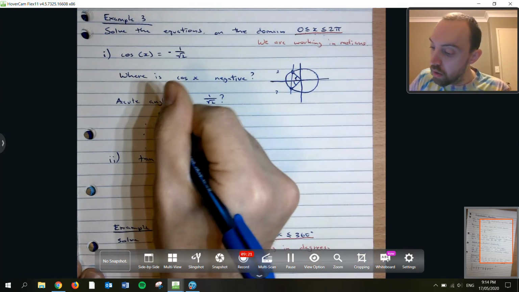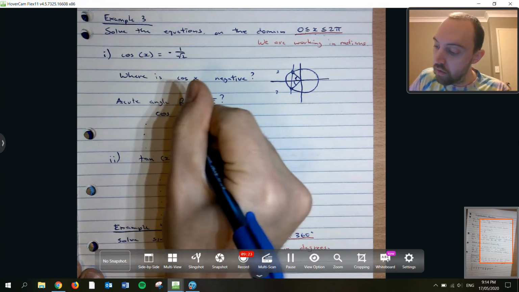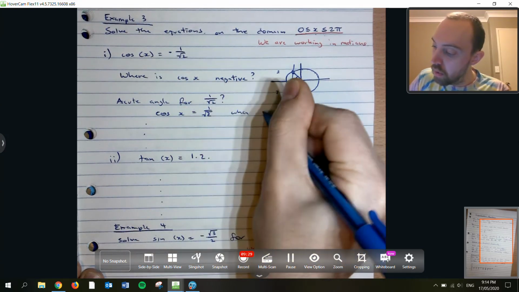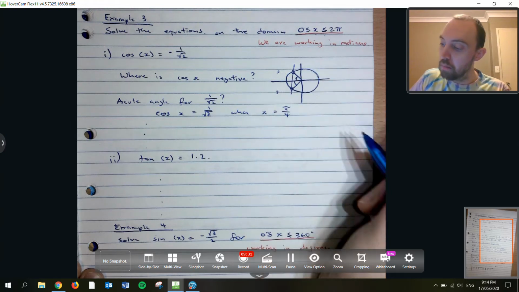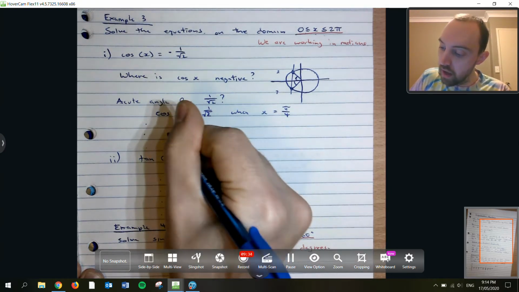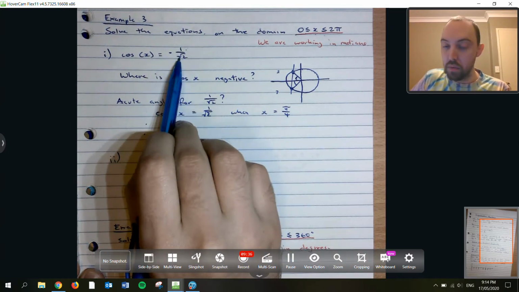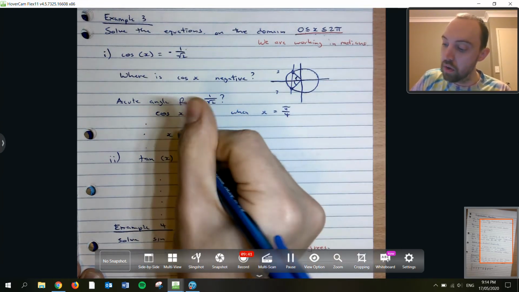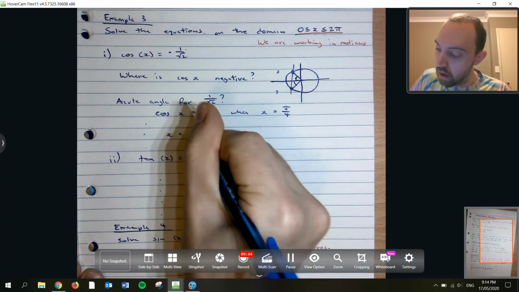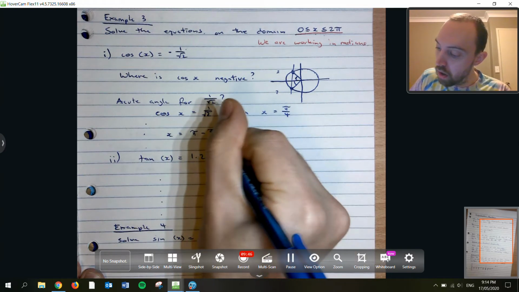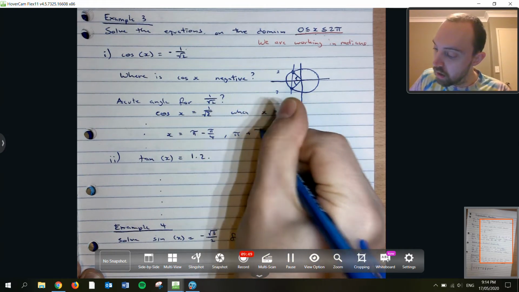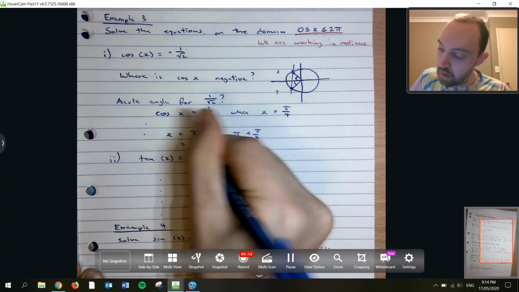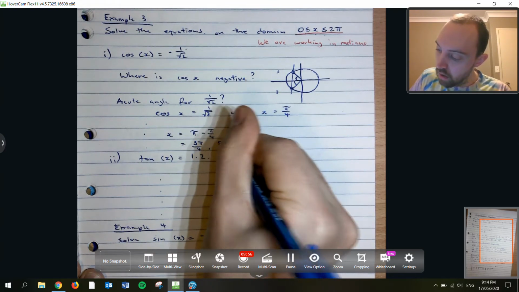Well, cos of x is equal to 1 on root 2 when x is equal to pi on 4. So our solutions for x when it's negative 1 on root 2, in quadrants 2 and 3 of my unit circle, is going to be pi take pi on 4 and pi add pi on 4, or 3 pi on 4 and 5 pi on 4.